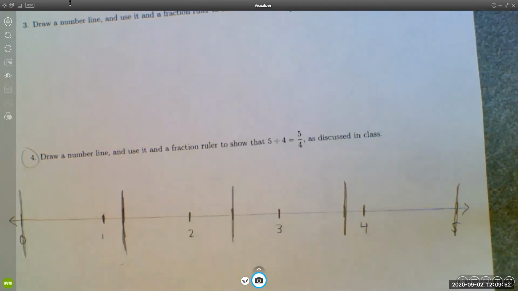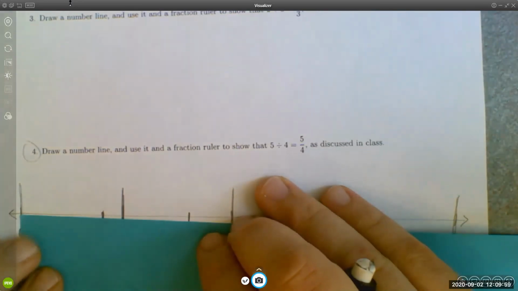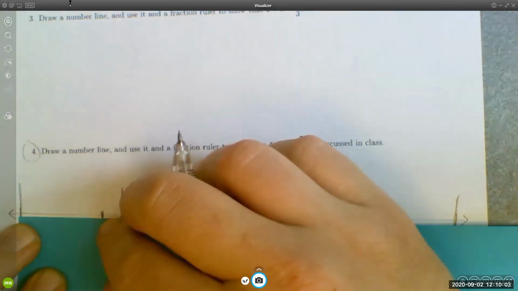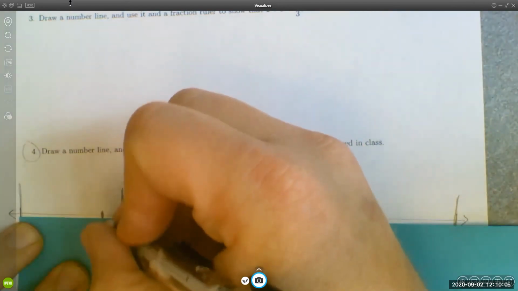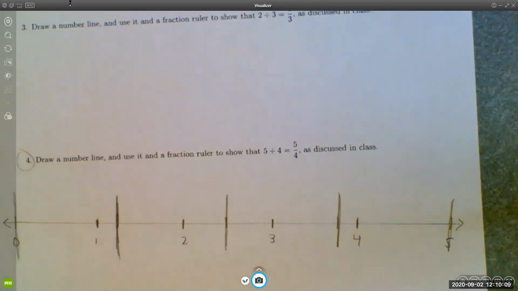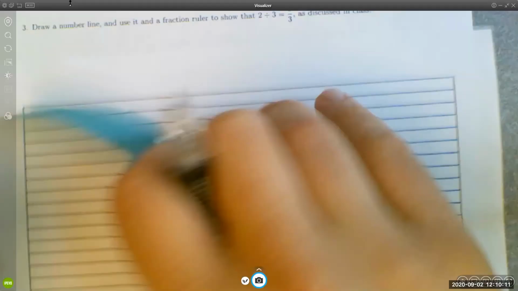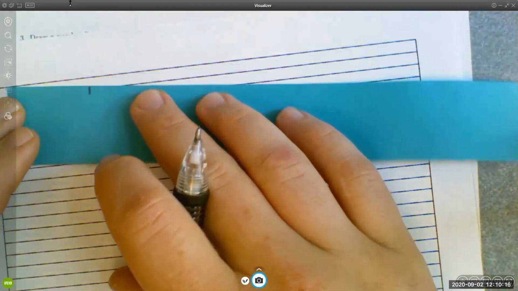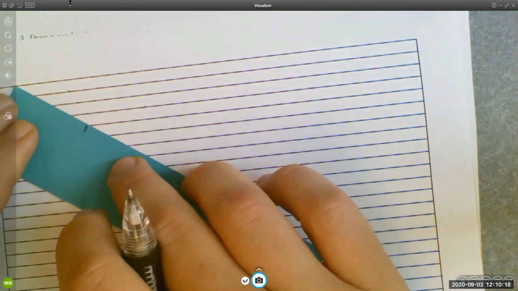So one more time with the fraction ruler. Okay, let me try again. There's 1 unit right there, okay? There's 1 unit, and I'm going to split it into 4 parts. I'm going to go down 1, 2, 3, 4.